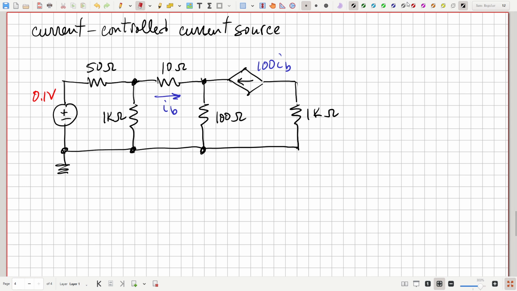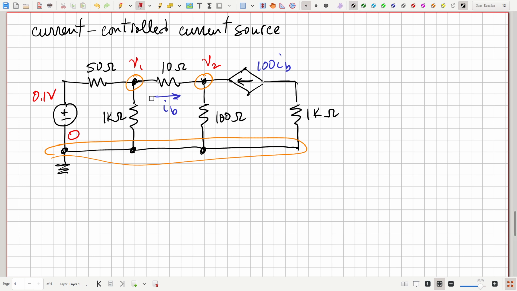Well, let's first go through and identify our essential nodes. So we got the one down here, which is our reference. So that's 0. Then we got one here and one there. So let's label those as V1 and V2.